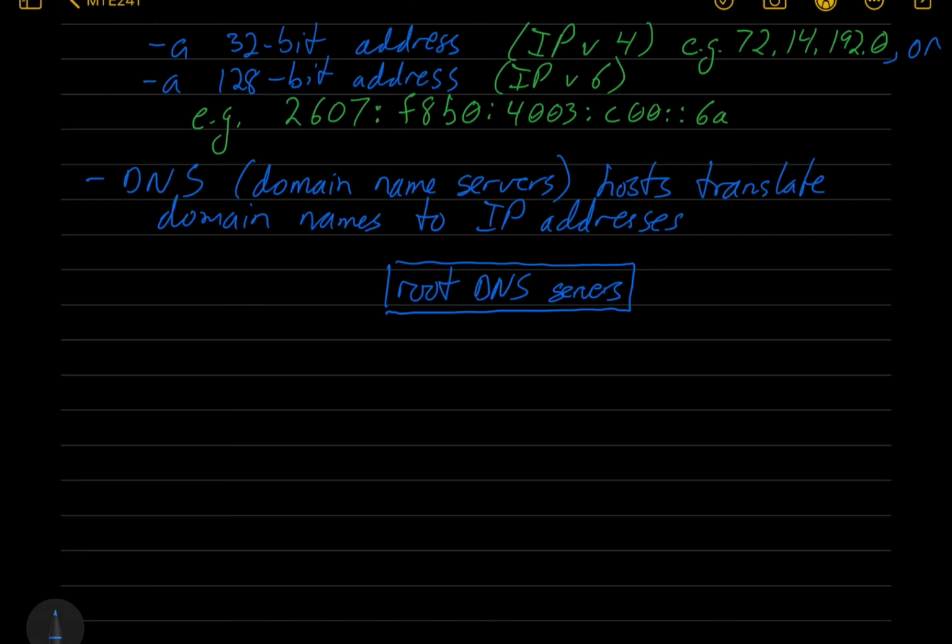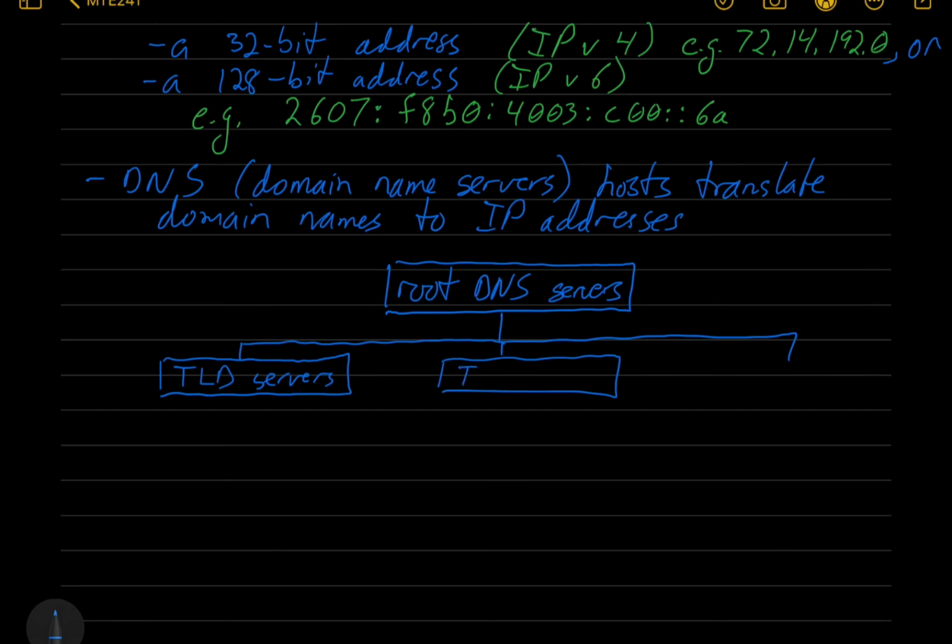A textbook I was looking at said in 2016 there's 400 of them, so there's probably more now. And so they maintain the lookups for top-level domain servers. So these would be the top-level domain servers, and there would be thousands of these.